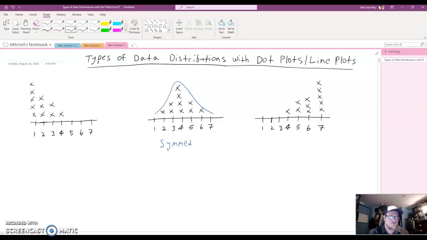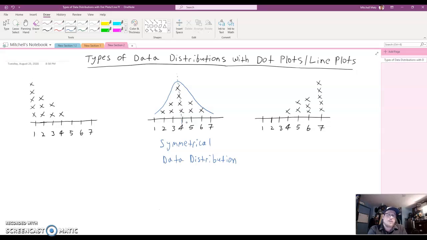Symmetrical data distribution. It's symmetrical because if I put a line in the middle, it's exactly symmetrical. It's like if I drew a square on a piece of paper and folded it in half, the halves would perfectly align as long as my square has equal dimensions.